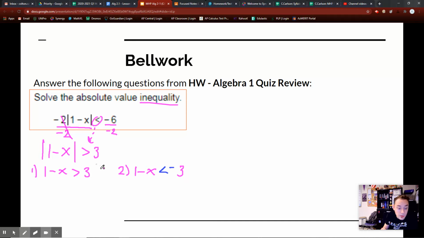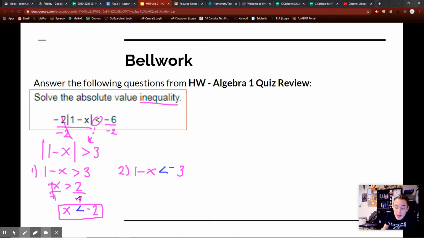Now I have to subtract the 1 over, so negative x is 2. Now watch right here. I have to divide by -1 again. That means I flip the sign again on this one, and this becomes -2.